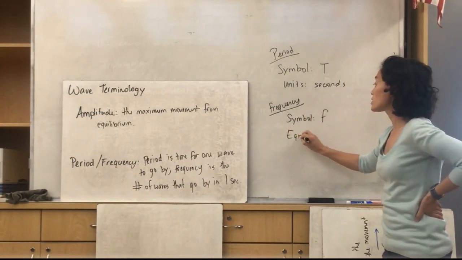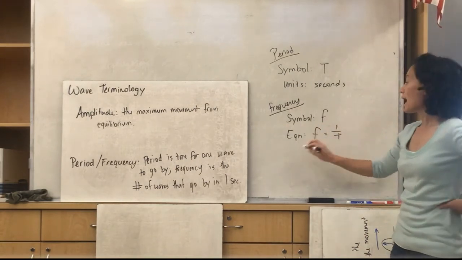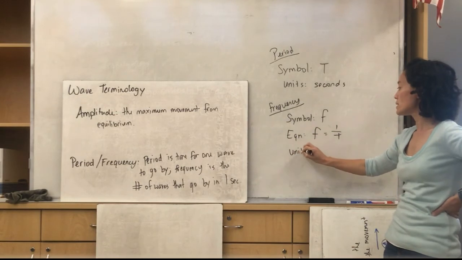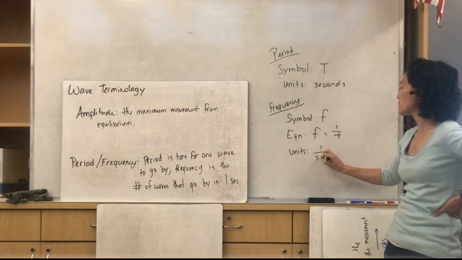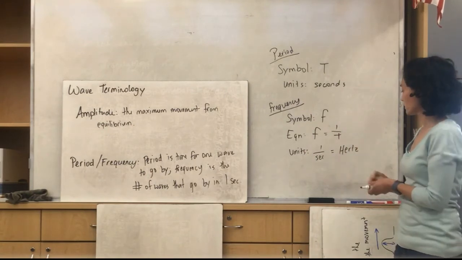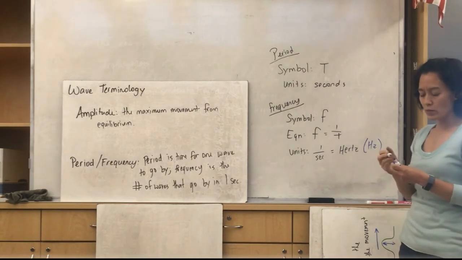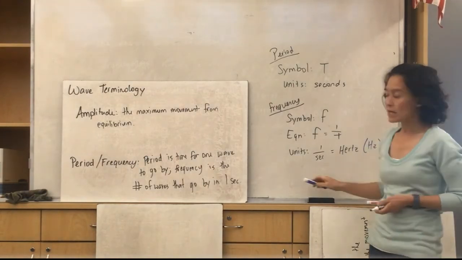There was an equation that related the two, that frequency was equal to 1 over the period. And then my units would just be 1 over seconds, and that was equal to a hertz. Okay. So again, things we have studied already, but just kind of reminding you of these things.